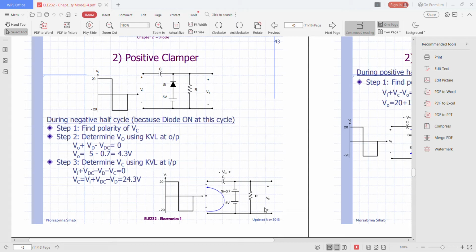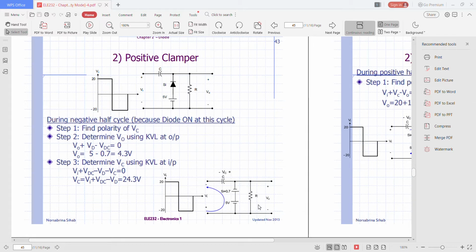Remember that some of you may use a different method where you can choose the current entering the node or terminal to find the equation. For example, here, if you choose current entering the node or terminal, the equation will be minus Vout minus Vd plus VDC equals to 0.